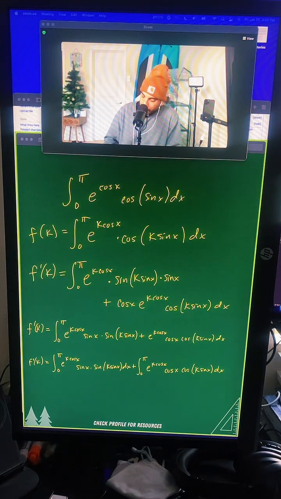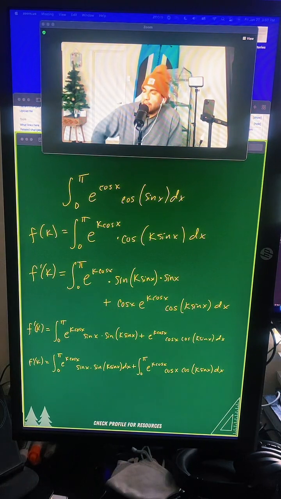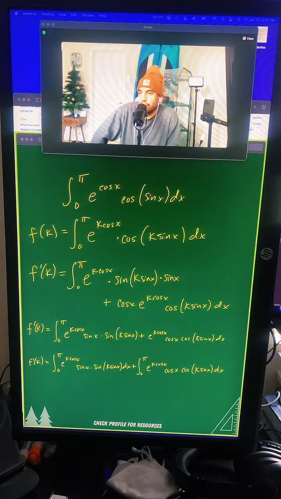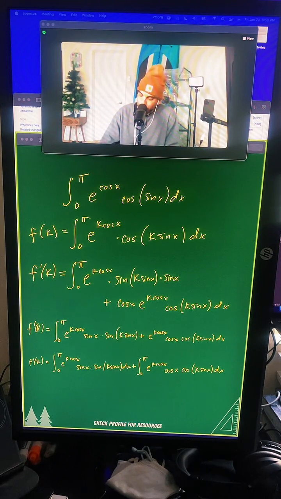Is it possible to do u sub in some way? For the first integral, I was maybe thinking u is equal to cosine, and there's our du technically, but then you're still left with all that.